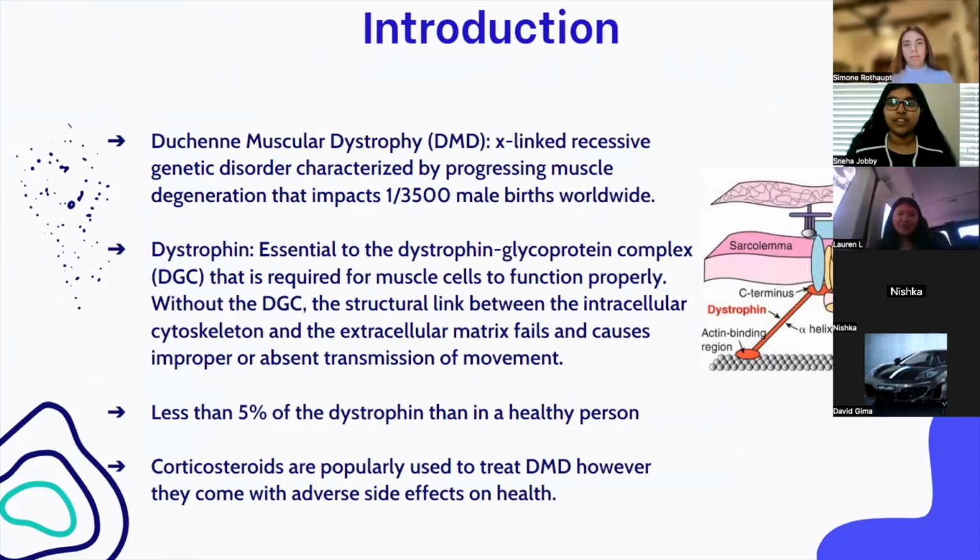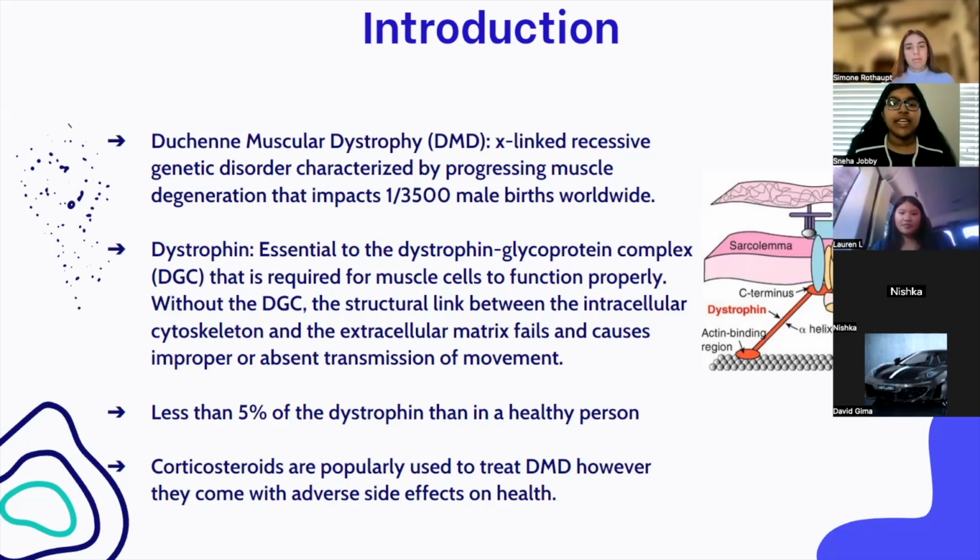Duchenne muscular dystrophy, commonly referred to as DMD, is a rare genetic disorder that impacts approximately one baby per every 3,500 male births. For patients impacted by DMD, there's a mutation in the gene that produces dystrophin, which is an essential protein in the dystrophin glycoprotein complex, also referred to as the DGC.